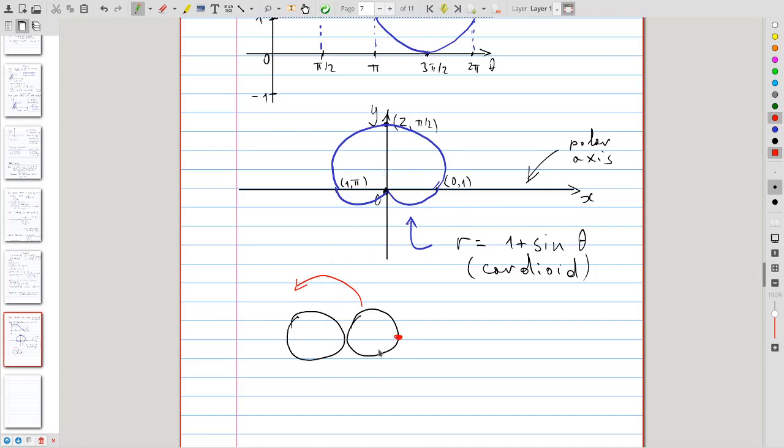So that's a geometric way to define such a curve.